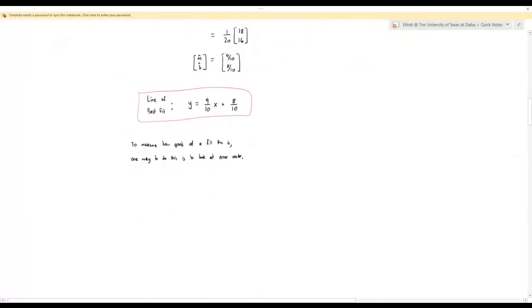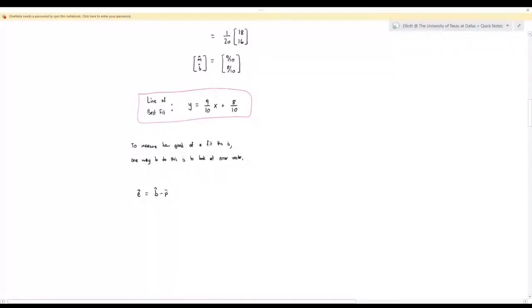Let me do that for this example. Remember the error vector was b minus p.